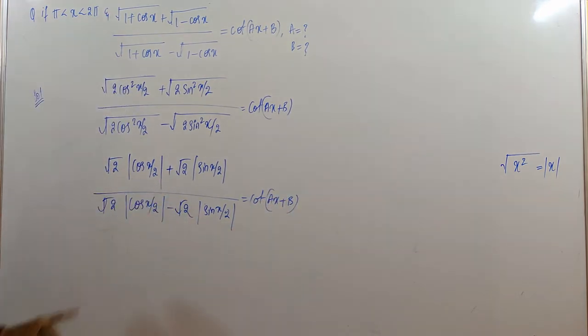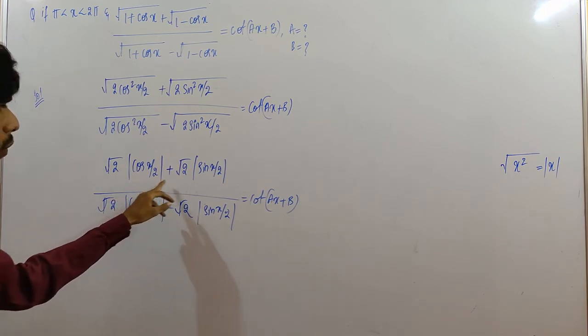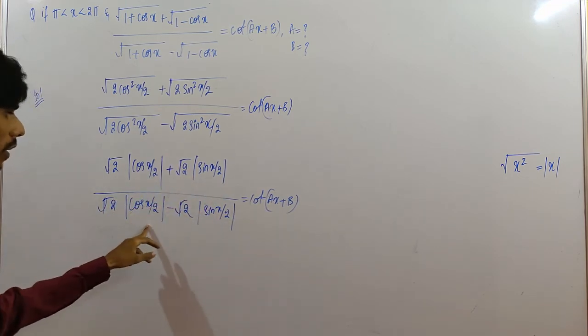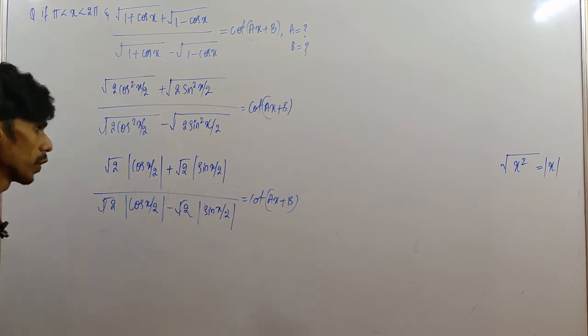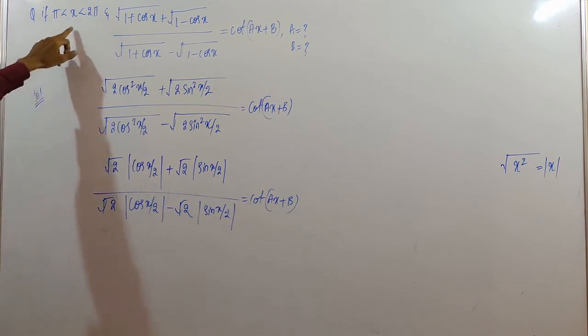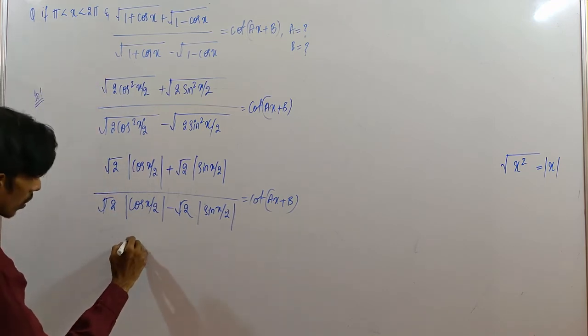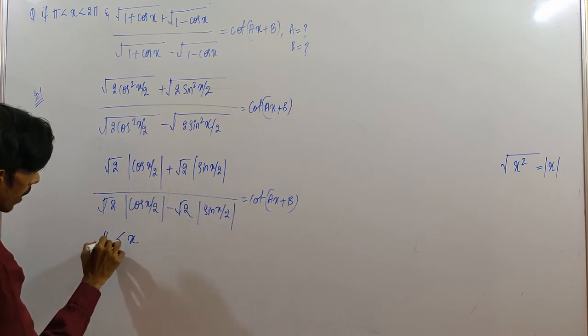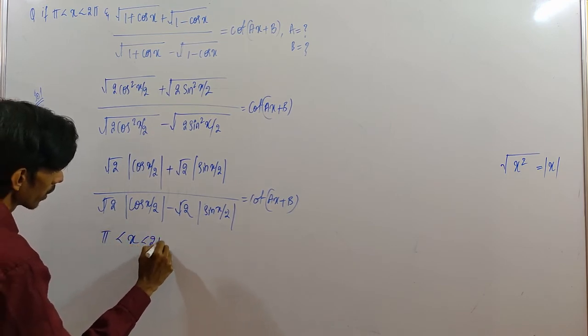Take this root 2 common, and the root 2 cancels. We have mod cos x by 2 plus mod sin x by 2, divided by mod cos x by 2 minus mod sin x by 2. Here this mod depends on the value of x. It's given that x lies between pi and 2 pi.